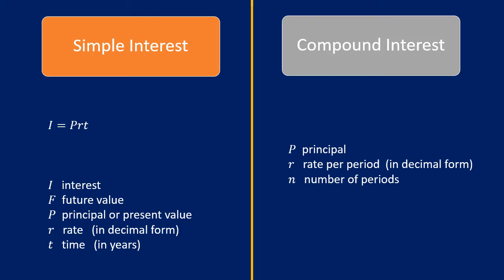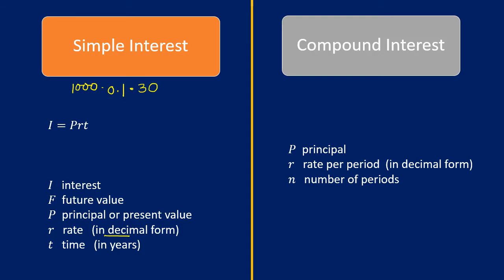Just like in our previous example, if you invested 1,000 at 10%, so times 0.1. Remember that rate should always be in decimal form. And then time is the number of years.